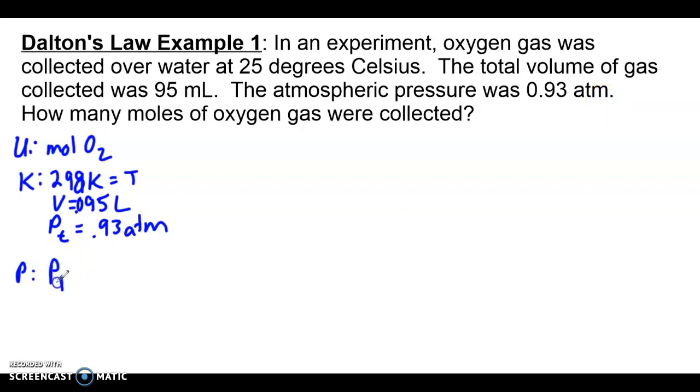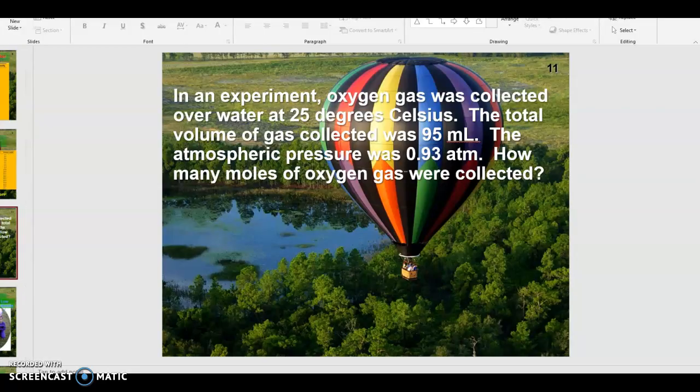So it's going to be P total equals P oxygen plus P water. Something that's really inconvenient for us is that this is in a different unit than the table that we had over here.